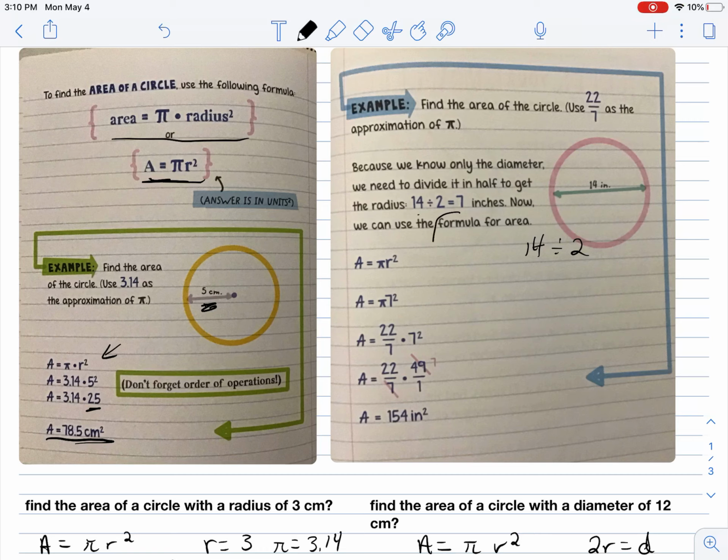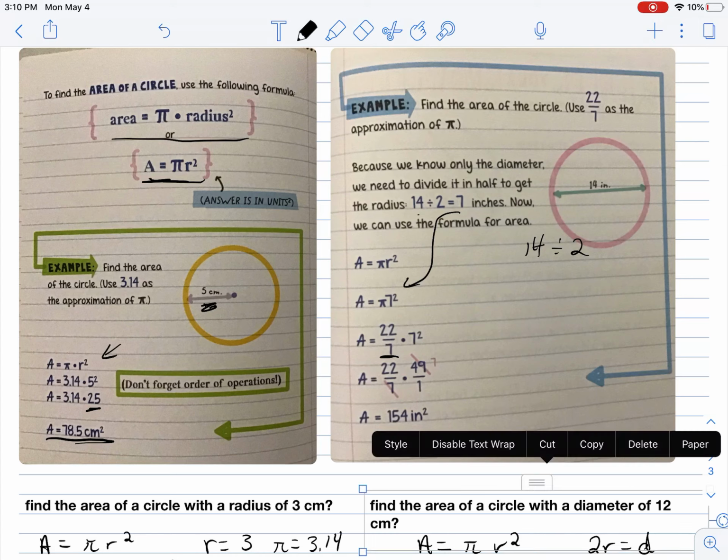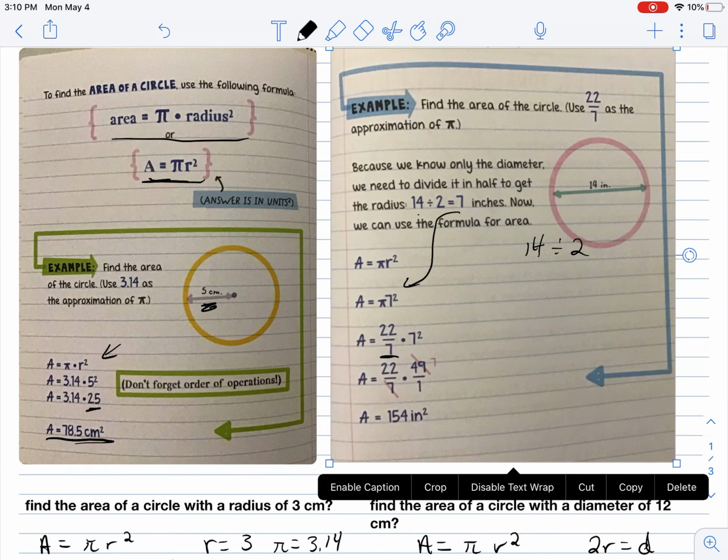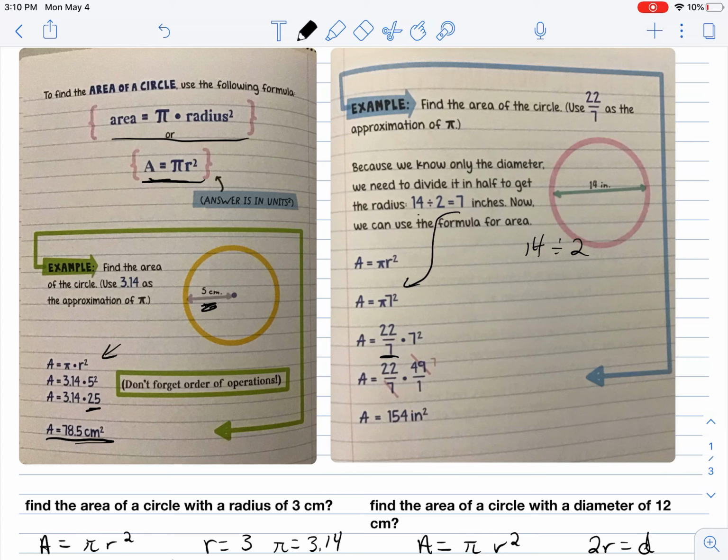And once again, you're just going to plug that radius in down here. We plug in our 22/7 for our pi value, and we get area equals 22/7 times 7 squared. Well, 7 squared is 49. 49 times 22/7. Well, you can cross simplify. 49 is the same as 49 over 1. 7 goes into 7 and 49, and we're left with 7 over here, and this would become 1.